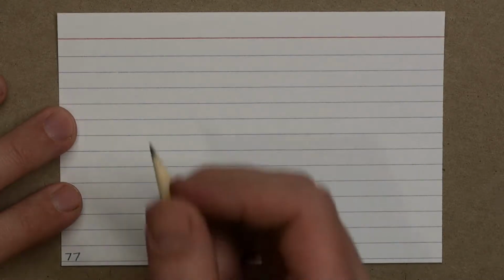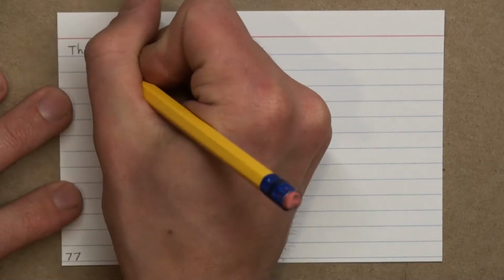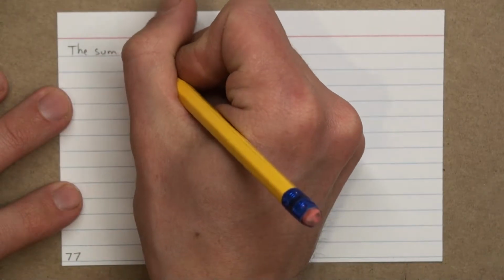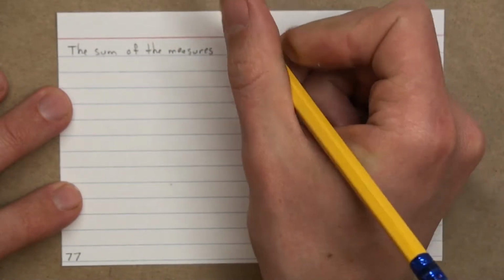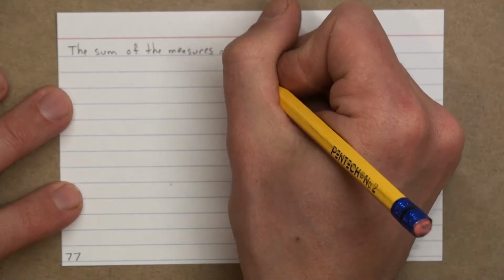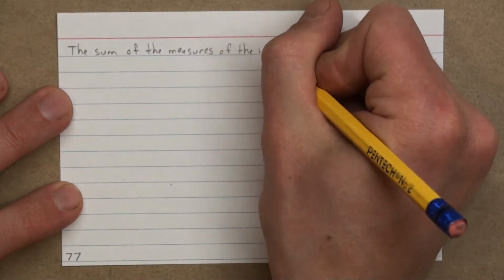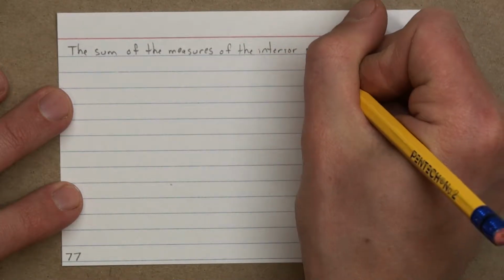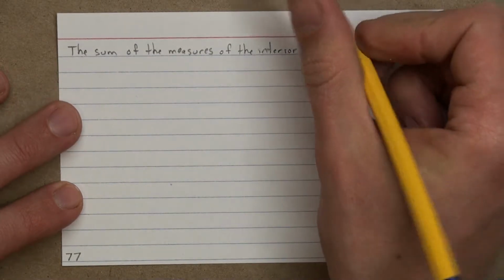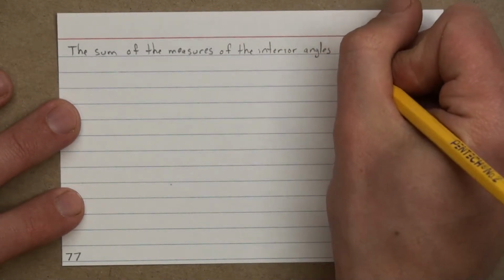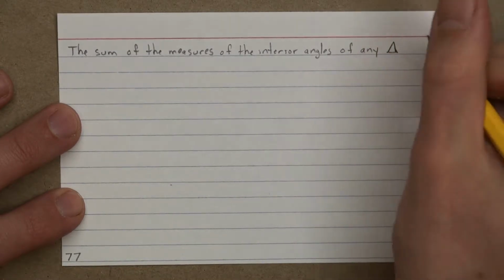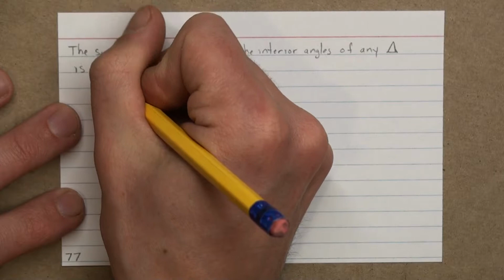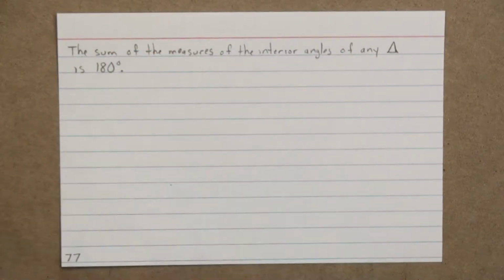And the first thing is that the sum of the measures of the interior angles of any triangle is 180 degrees.